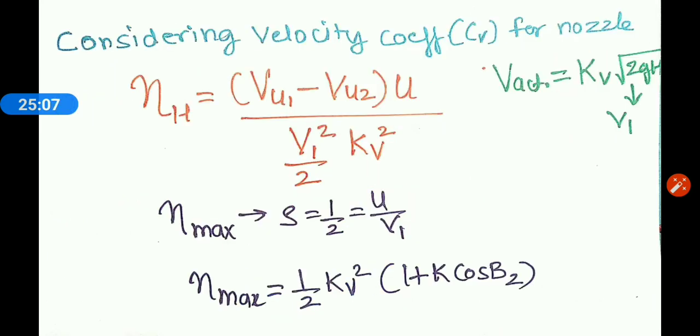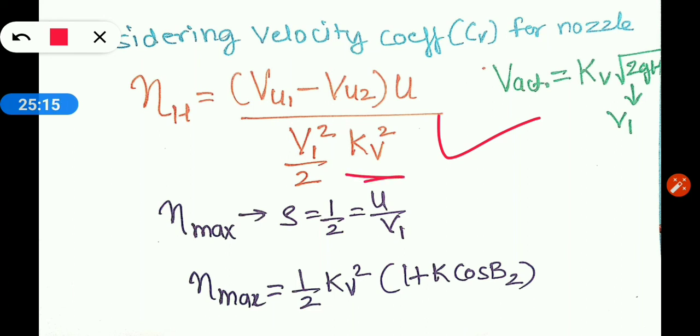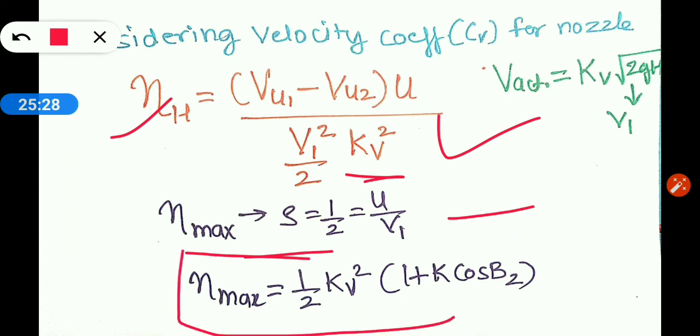Okay, now we will represent the efficiency formula in terms of the velocity coefficient. So this is the formula. And if you put the value for the maximum efficiency condition, this is the maximum efficiency formula using the velocity coefficient.